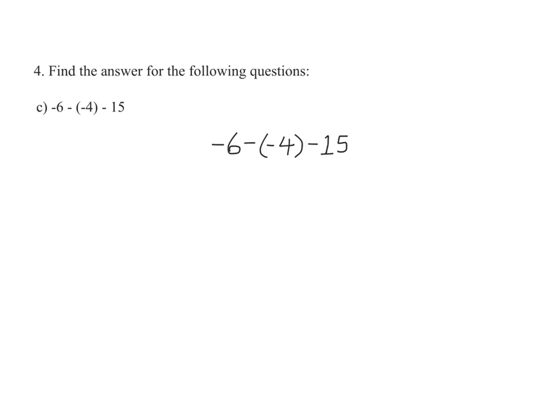For C, -6 minus -4 minus 15, we are subtracting more than one value, but the rules for rewriting subtraction as addition remain the same. That is, we're subtracting -4 and we're subtracting 15. So when we rewrite the problem, we'll add the opposite of -4, which is 4, and add the opposite of 15, which is -15.